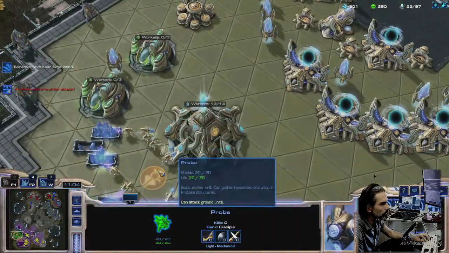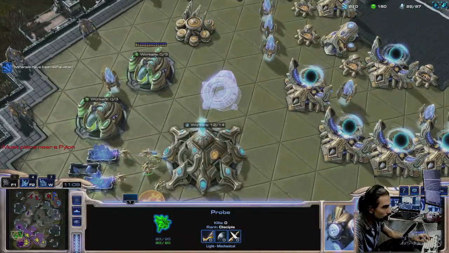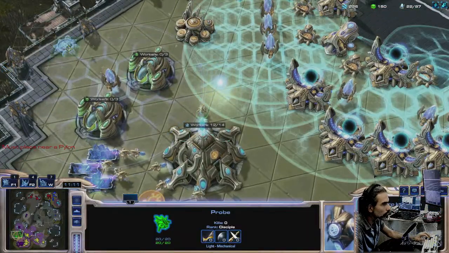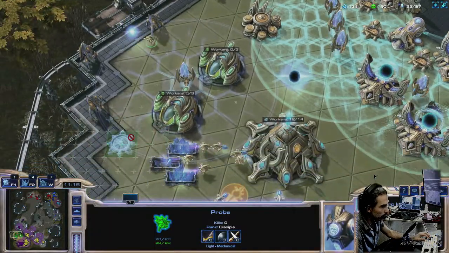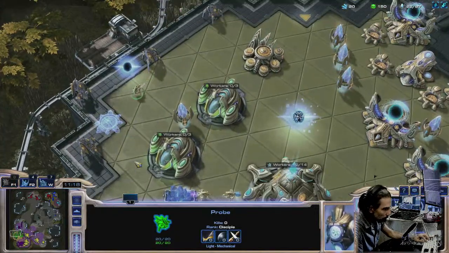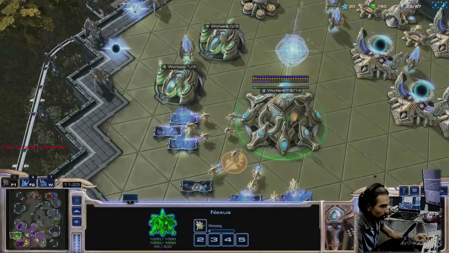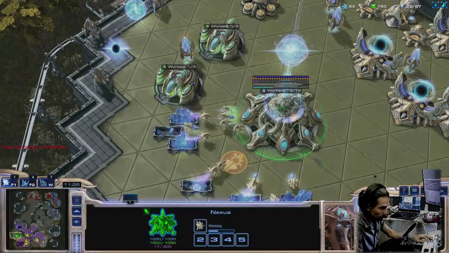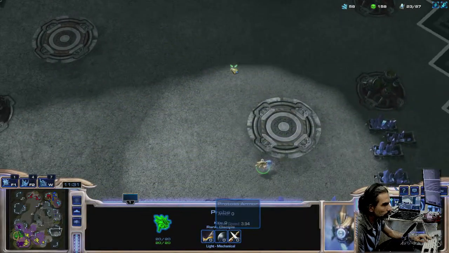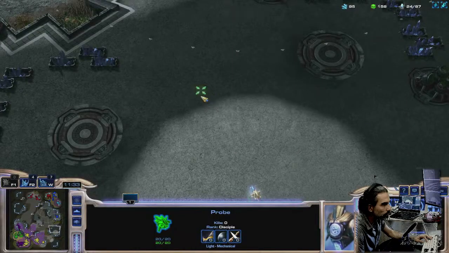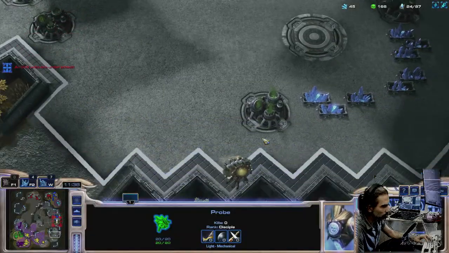You must place them in the power field. Mineral field depleted.